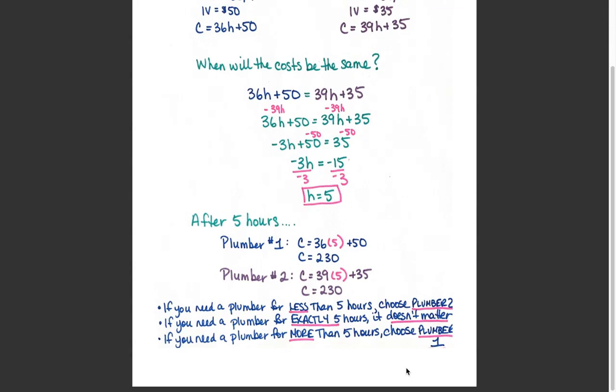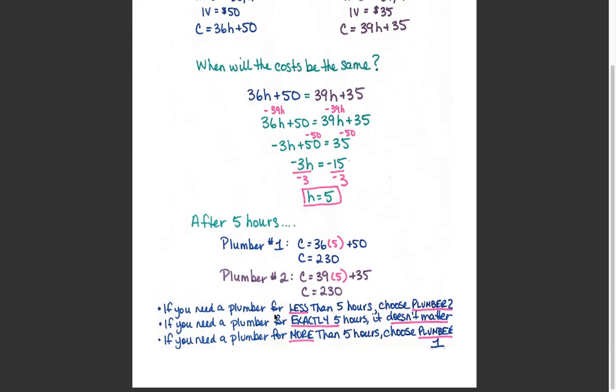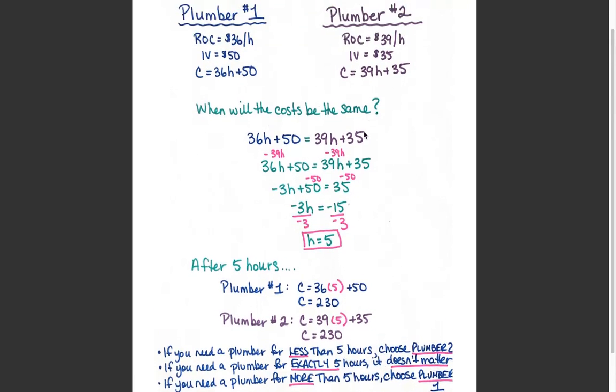So now, as always, we want to finish with a conclusion. If I need a plumber for less than 5 hours, I'm going to choose plumber 2 because plumber 2 has the lower initial value. So I know that at the beginning, it's going to be a lower cost. If I need it for exactly 5 hours, it doesn't matter which one I choose because they both cost $230.